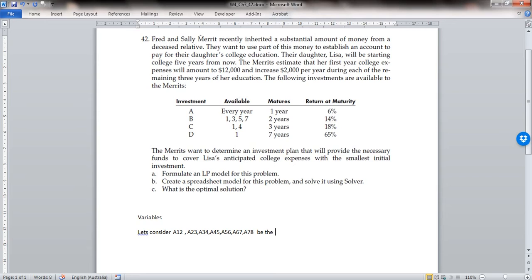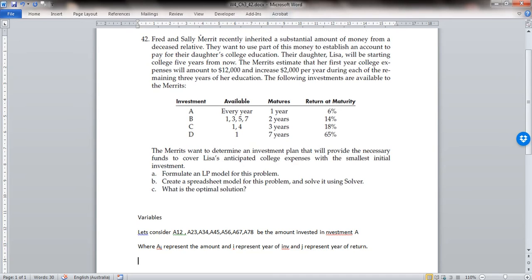These are amounts invested in investment A, where Aij represents the amount, and i represents the year of investment and j represents the year of return. This will be similar across all other investments too.